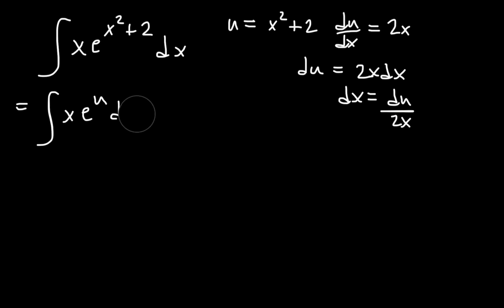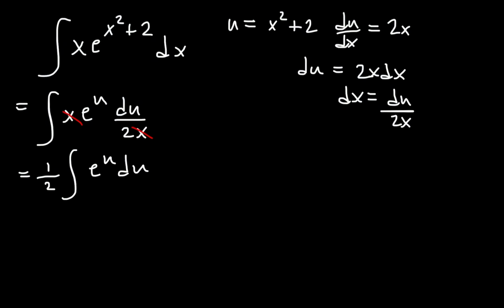So I can just replace this dx with du over 2x. So the x variable cancels, which is what we want. And now we have 1/2 of the integral of e to the u du. This equals 1/2. So we know that the derivative of e to the u is just e to the u.